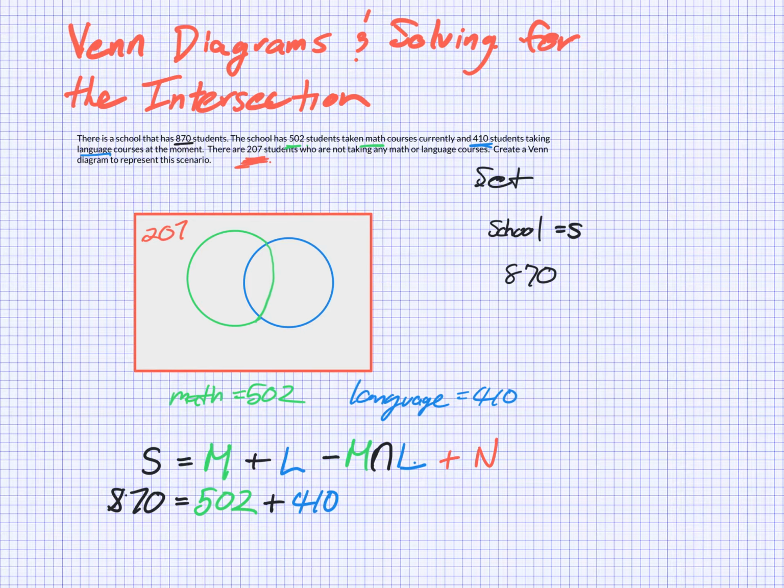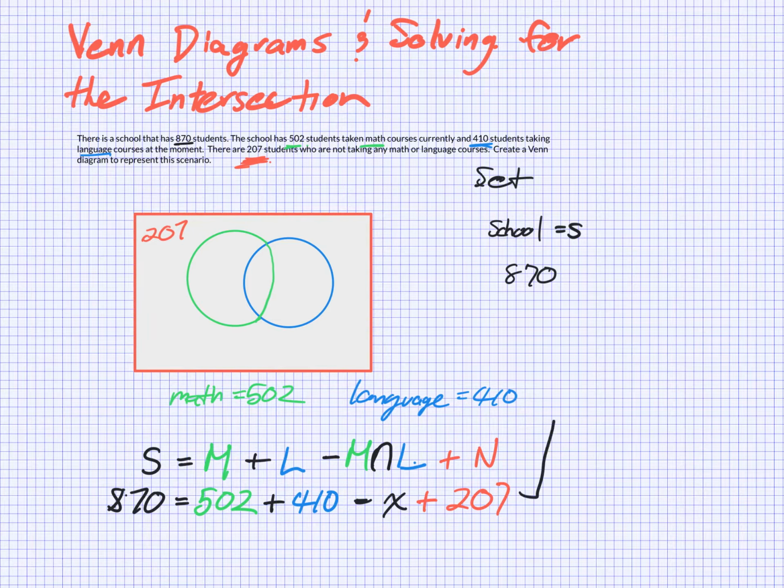But this one, the intersection, that's actually an unknown. So at this point, we're just going to represent that with X. We don't quite know. We have to solve that before we can represent this Venn diagram. And students not taking either math or language, well, actually, there's 207 of them. So this actually becomes much more of a question of solving for and isolating one variable.